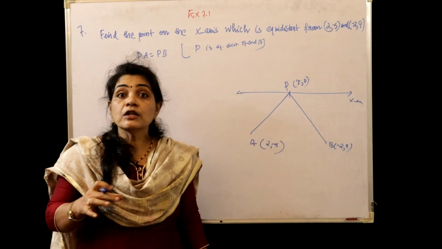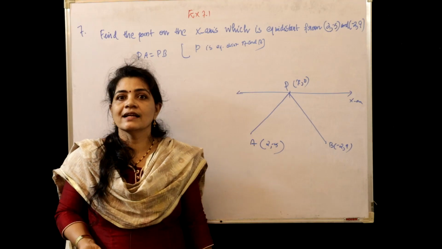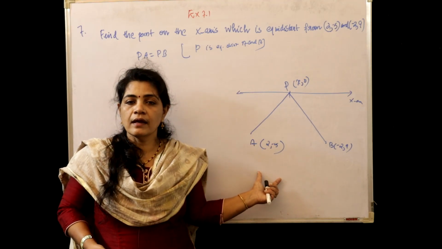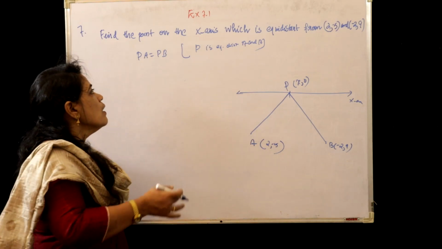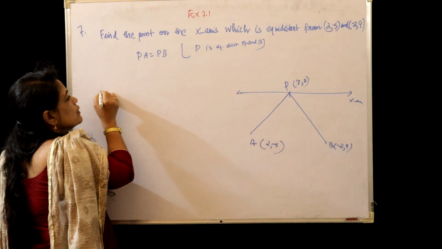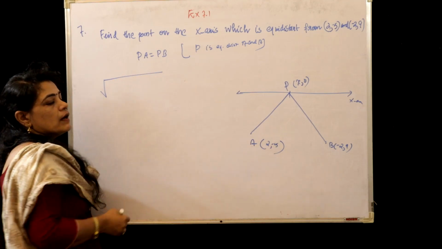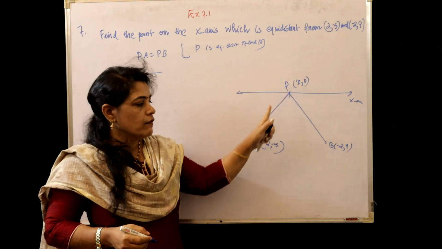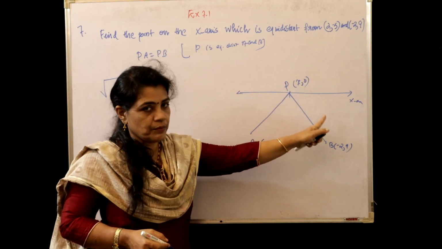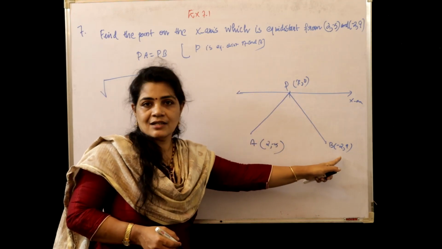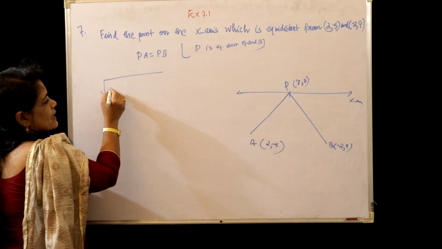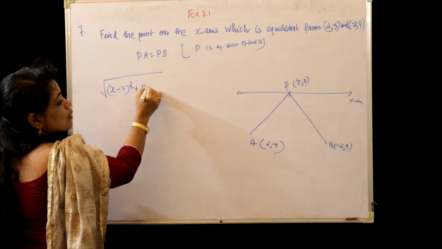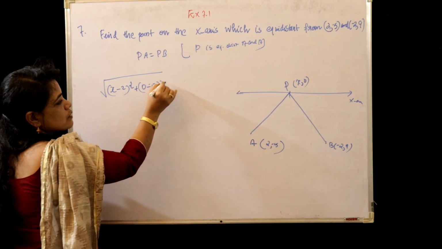By distance formula you can easily get the length of PA and PB. So by distance formula, PA is the square root of x1 minus x2 whole square plus y1 minus y2 whole square. Here this is x1 y1, this is x2 y2. That is x minus 2 whole square plus 0 minus minus 5 whole square.